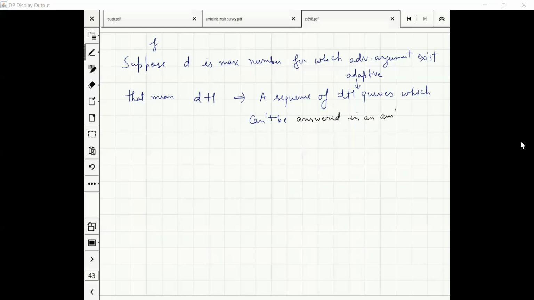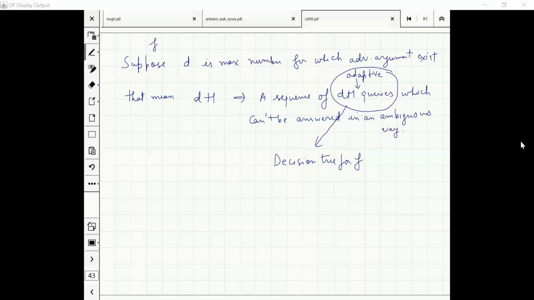Now these D plus 1 adaptive queries will give me the decision tree for it. You should think about it. This is an interesting question.